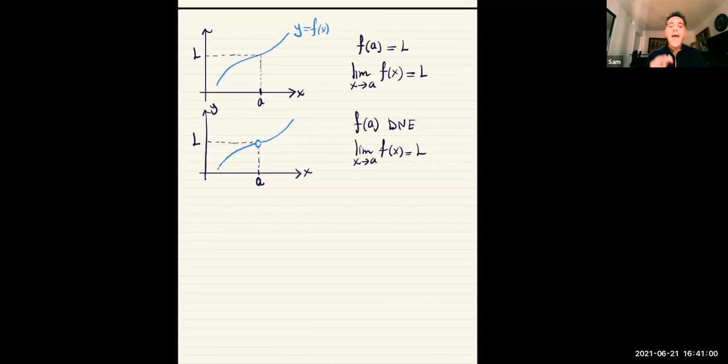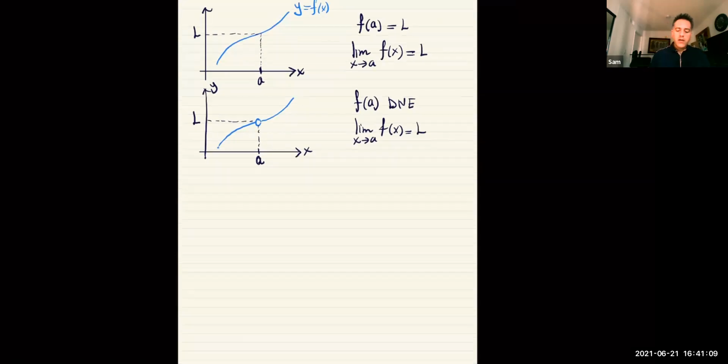At A, f does not exist, but around A, f becomes around L.